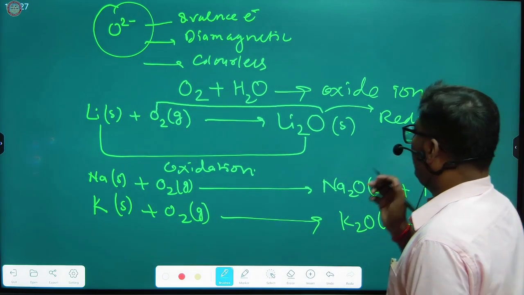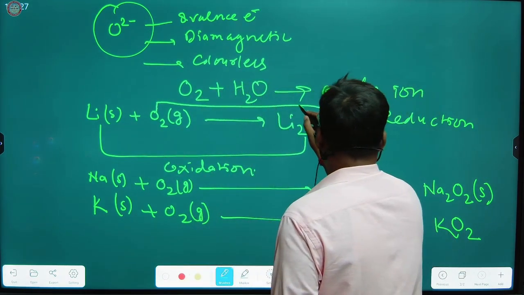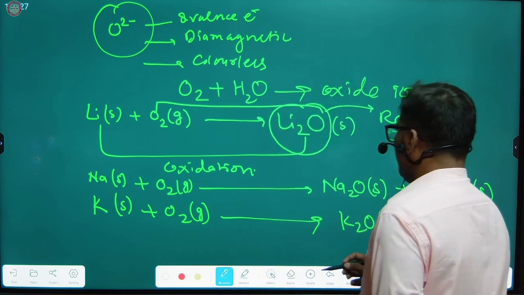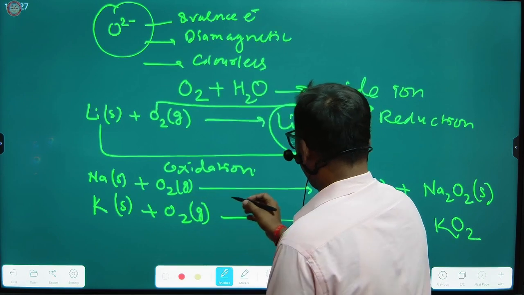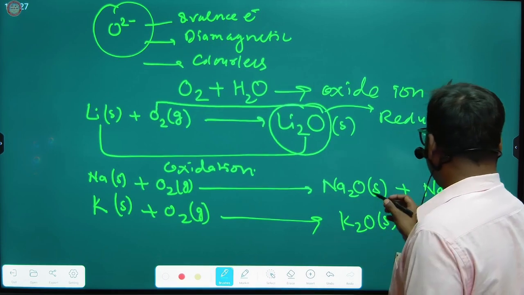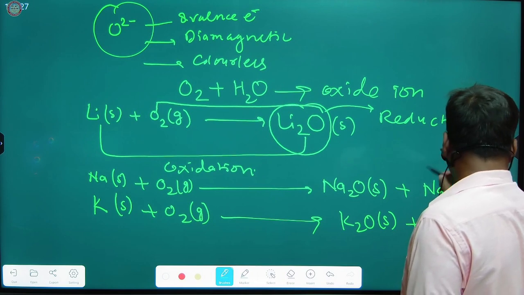So in case of lithium metal, lithium monoxide is the major product, but once sodium reacts with oxygen molecule, then there are two products, that is sodium monoxide and sodium peroxide.